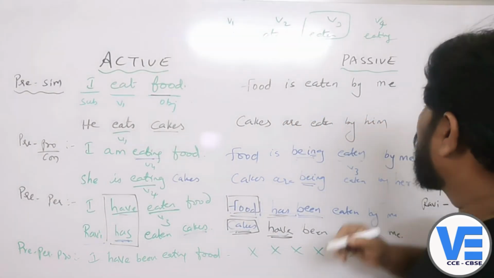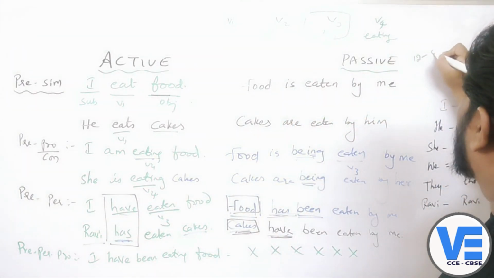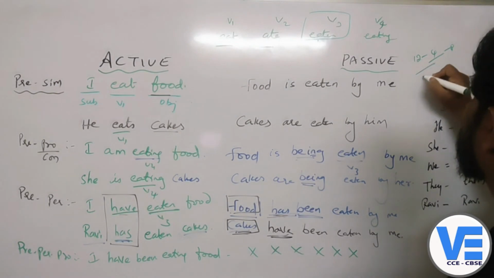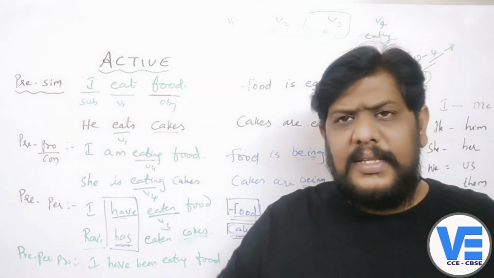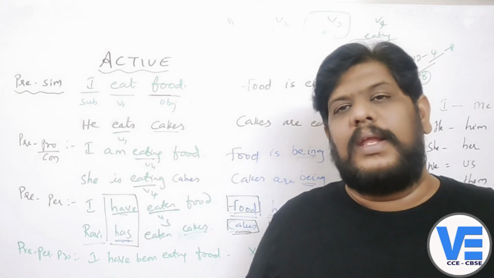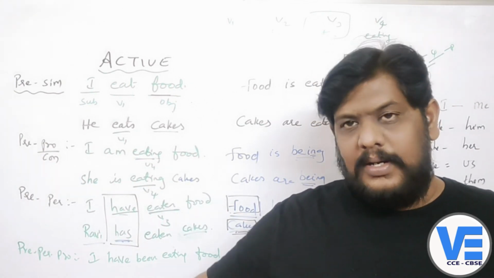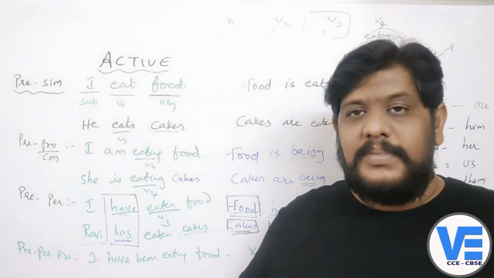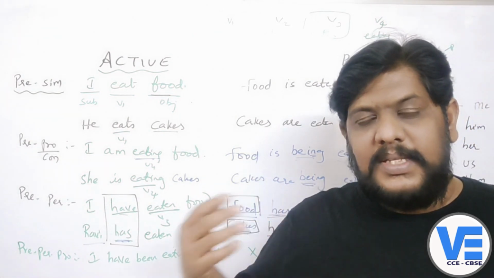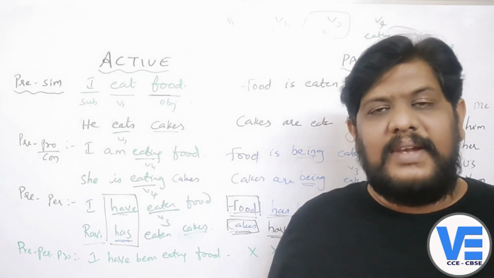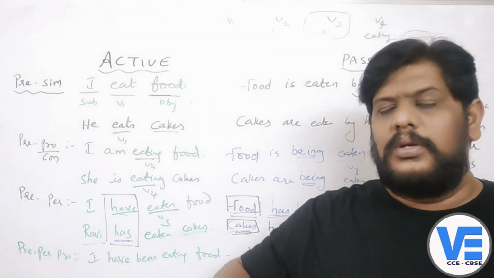So hardly out of 12, 4 don't have the passive voice. That means how many are there now? Only 8. So if you are able to learn these 8 passive voices, you will do wonders, right? Whatever questions come in the competitive examinations and the normal school level examinations, you can do it perfectly.